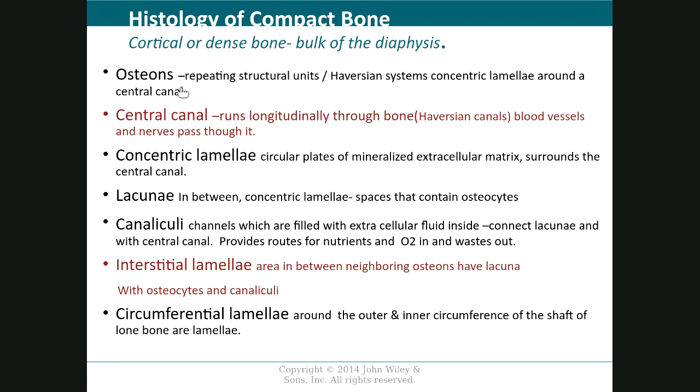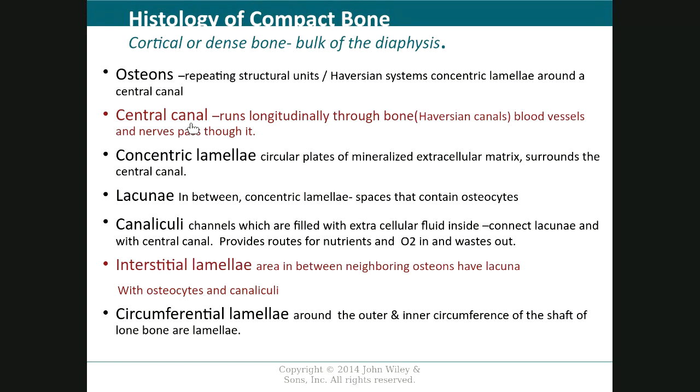You'll also see osteons as the Haversian system. And these osteons are repeated structural units that exist around our bone tissue, the compact bone, and the central part of the osteon is called the central canal.